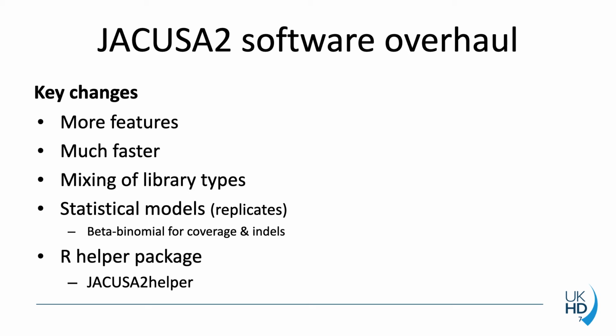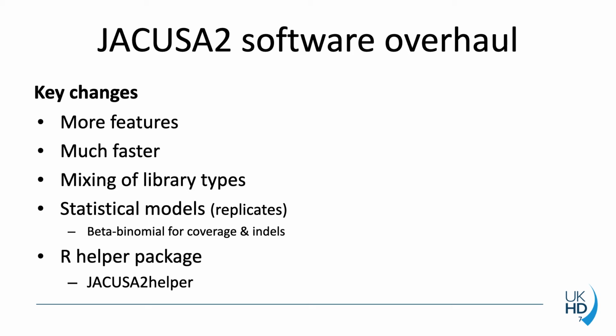So in principle, we conducted a major overhaul of Jacusa. We added many more features, and we are now looking at a software package which is much faster than any of the previous versions. We are quite flexible, in that we allow for mixing of different library types, and we keep our statistical modeling approach in a very principled way.